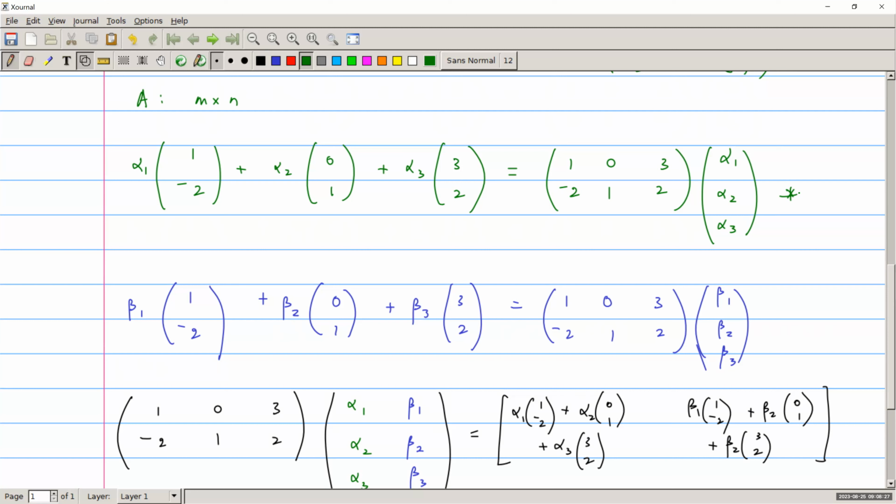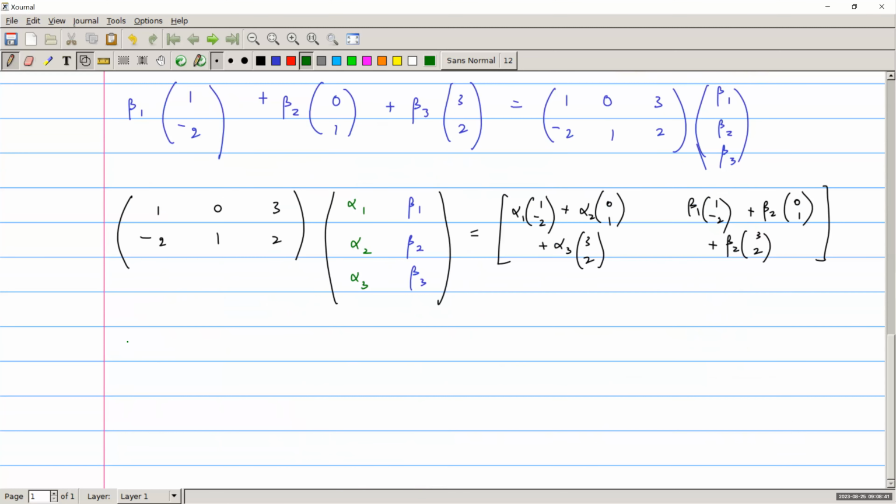Suppose I wanted to know, given another vector with two coordinates, (-1, 3): is (-1, 3) a linear combination of (1, -2), (0, 1), and (3, 2)? If I want to ask this question, how do I pose it?